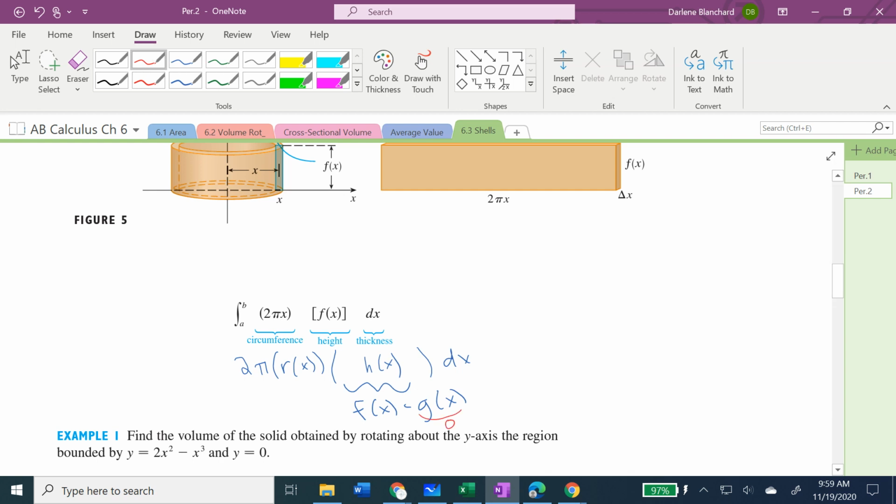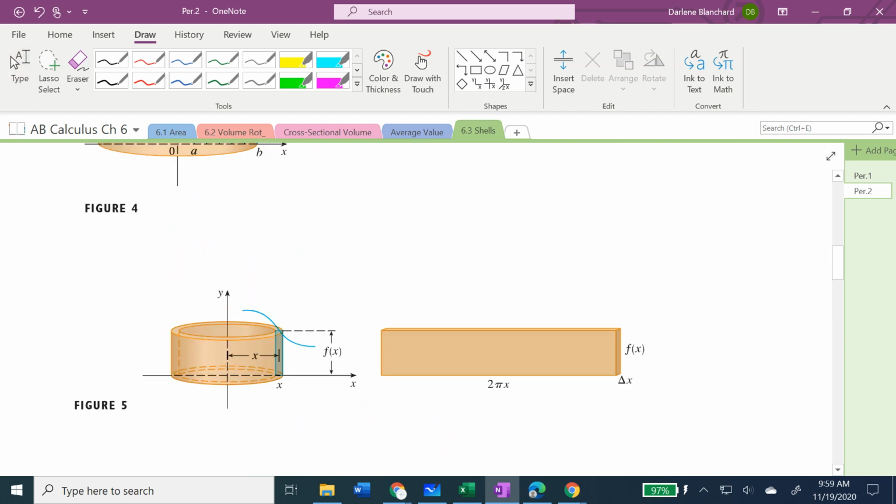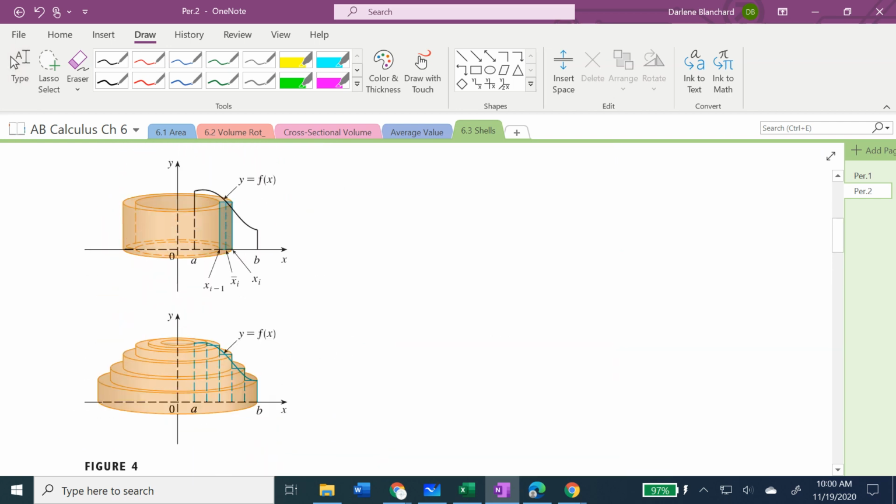So it's not written, and that's because the region that they are showing you is attached all the way down to the axis of rotation. So because of that, the height of the rectangle is the f of x function minus 0.